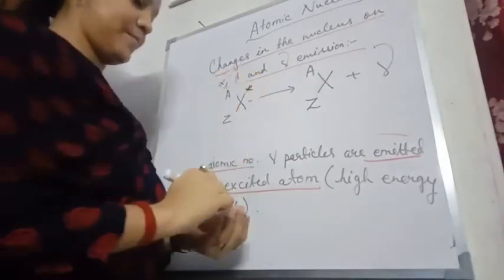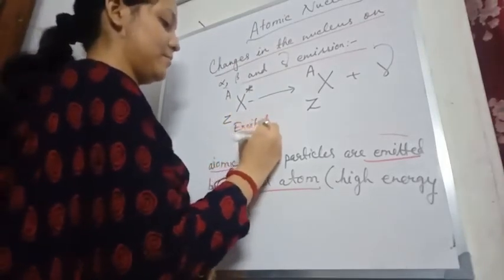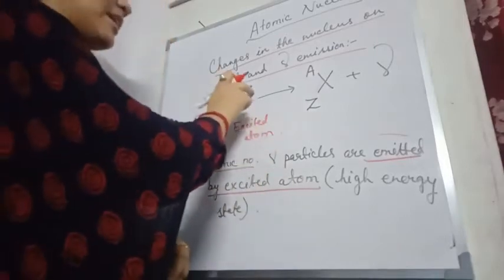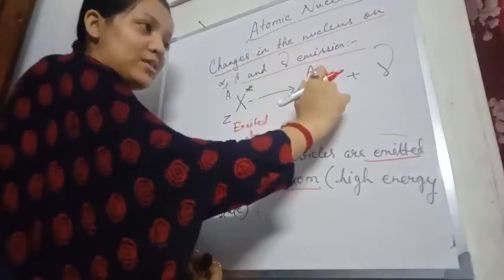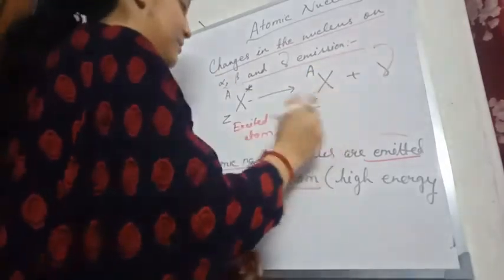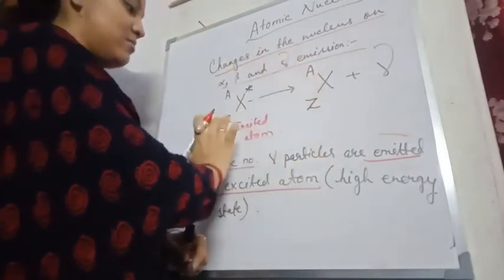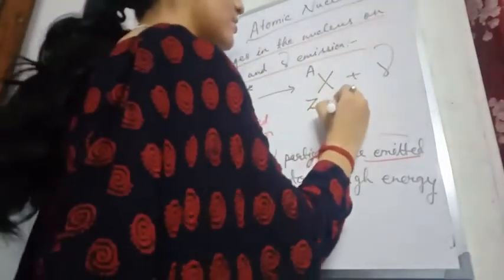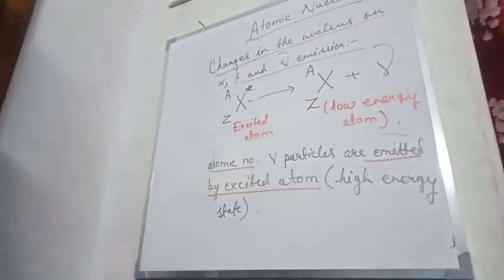The star is your element in the excited state, or the excited atom. The star indicates it is excited, means high energy. It will come back to its low energy by emission of a gamma particle. Here there is no change in the mass number and atomic number: A here also A, Z here also Z. This is the low energy atom. This you have to remember.